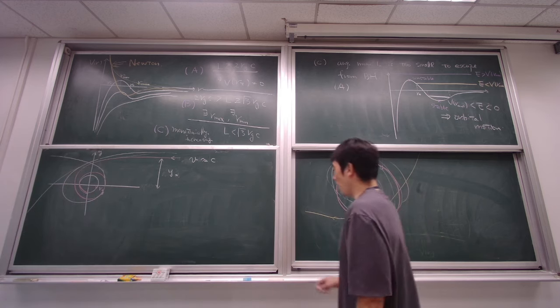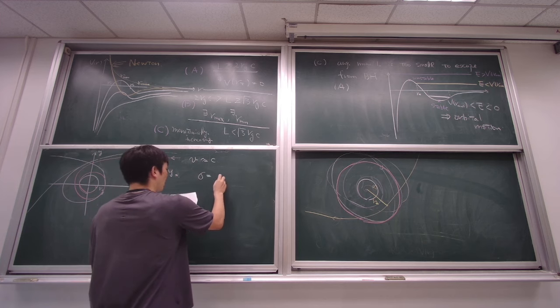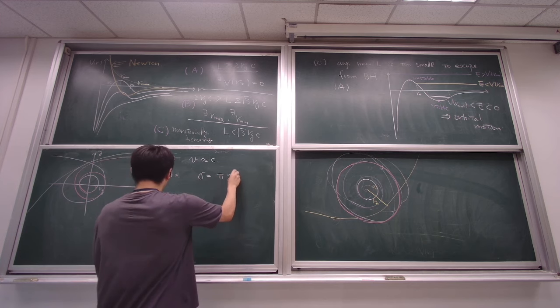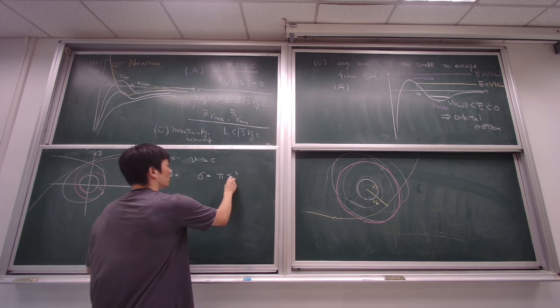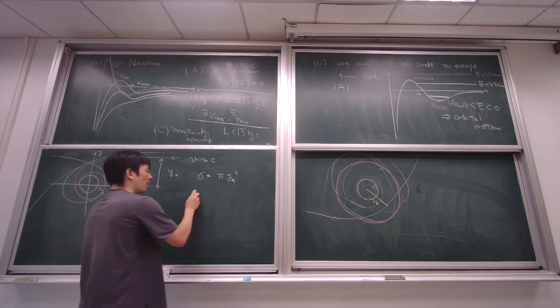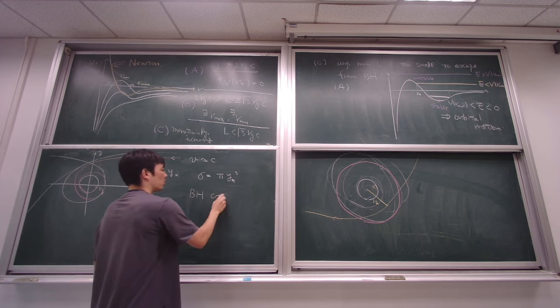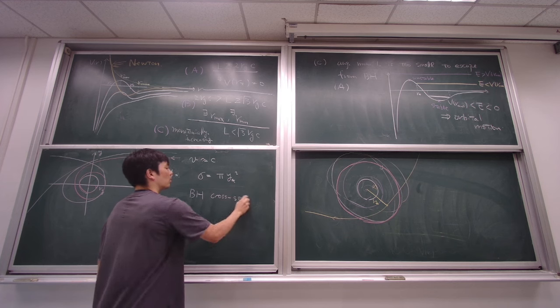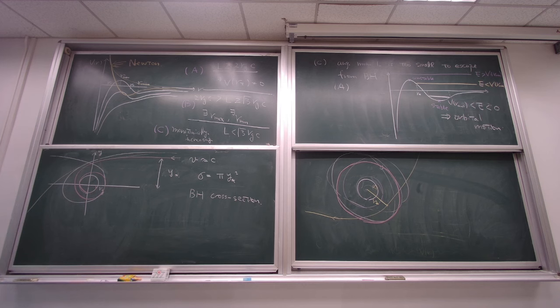So the black hole cross section is essentially pi y star squared. That is the critical value. So this is the black hole cross section, and that's what we want to evaluate.